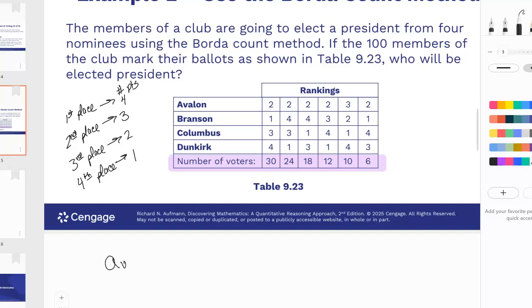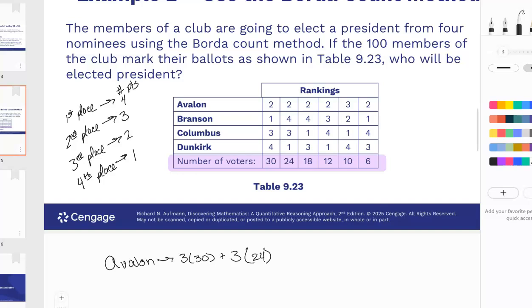So let's look at Avalon. Avalon got a 2, so that's going to be 3 points, and 30 people gave that to her. So she's going to get 3 points times 30 people. And then in this set, 2 points again. So she's going to get second place, which means 3 points, and that's 24 people that ranked her that way.